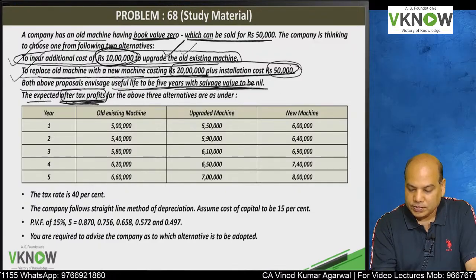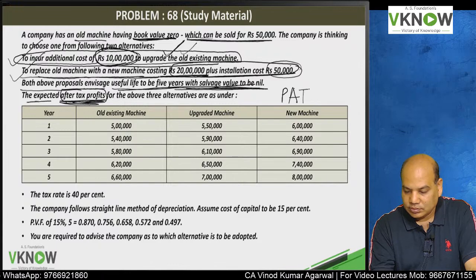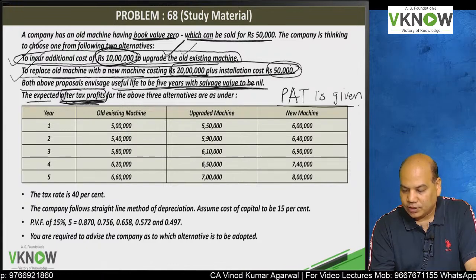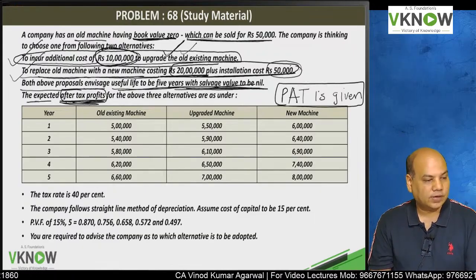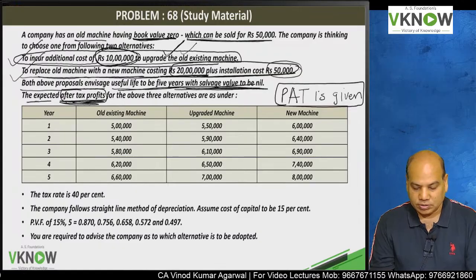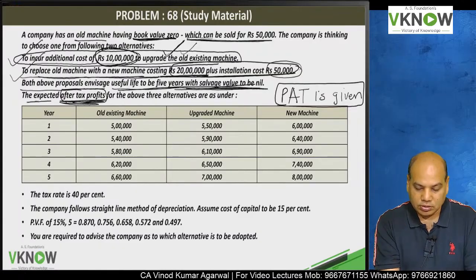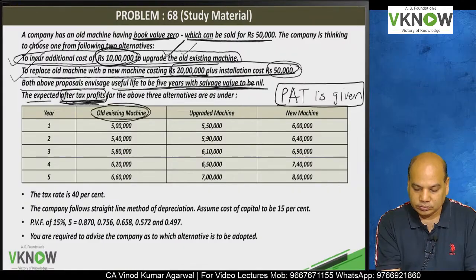After tax profit means PAT is given. It is not CFAT. You have to compute CFAT by adding back depreciation. Please focus now. If you continue with the old machine, these are your PAT.